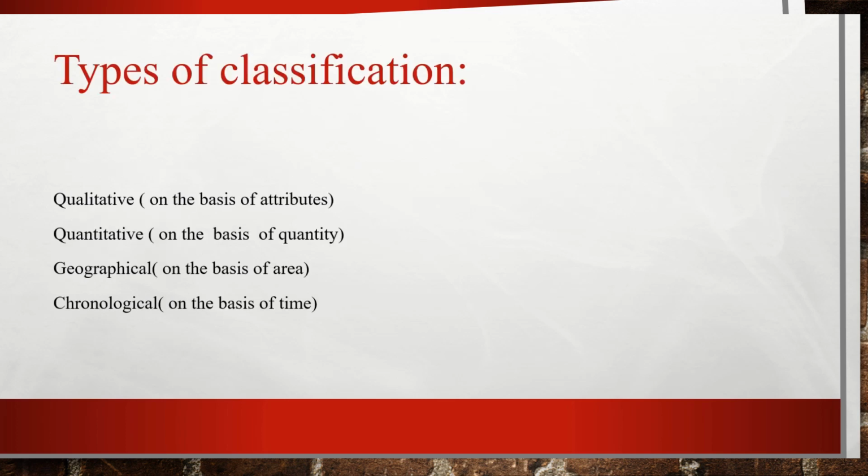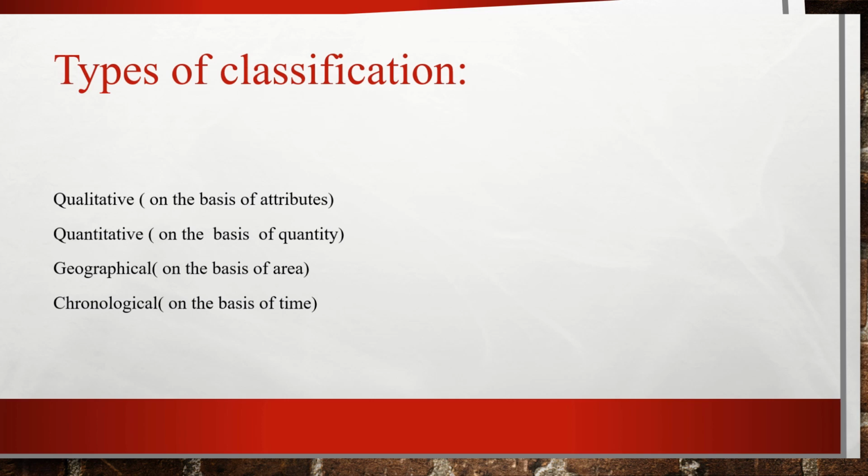Here are other types of classification: qualitative, quantitative, geographical and chronological. As we said earlier, qualitative is on the basis of attributes, for example gender, height, weight, etc. Then quantitative is on the basis of quantity, that is profit, sales, income, etc. Geographical classification is on the basis of area.